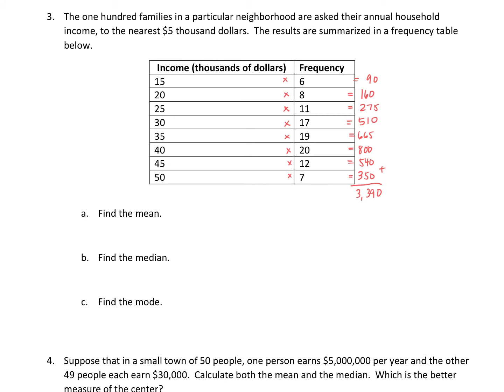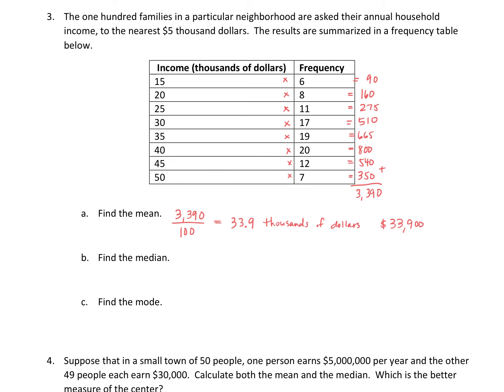So to find the mean, we're going to do 3,390 divided by 100, and we will get 33.9. Now the mean, remember this is thousands of dollars. So it really means $33,900 is the mean income of this neighborhood.